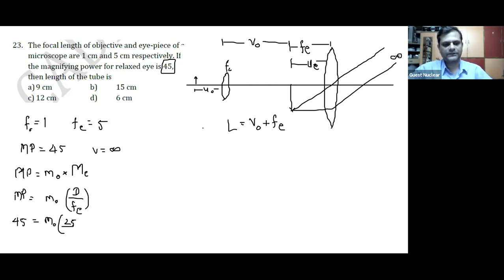So if we put all these values, then we can be able to get that 45 must actually be equal to MO into 9, right? MO into 9. But if we just transfer this 9 in the denominator, then we can be able to get this MO is equal to 5 actually.